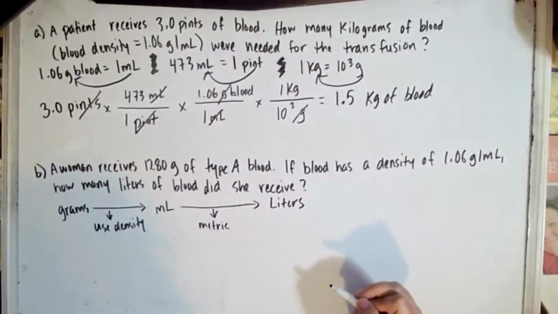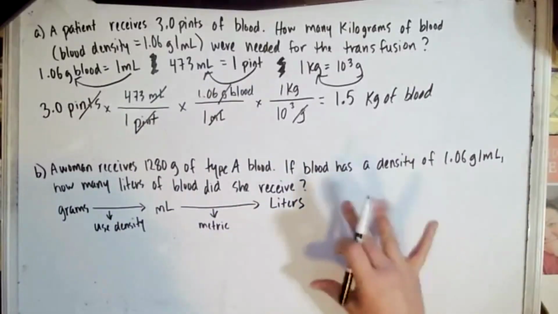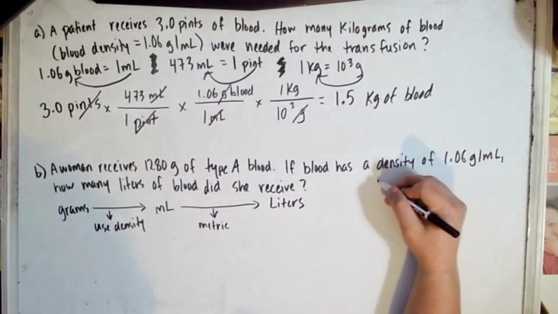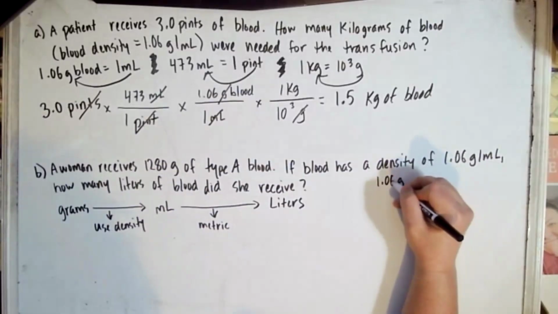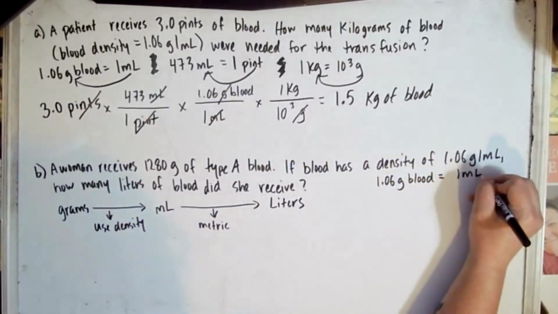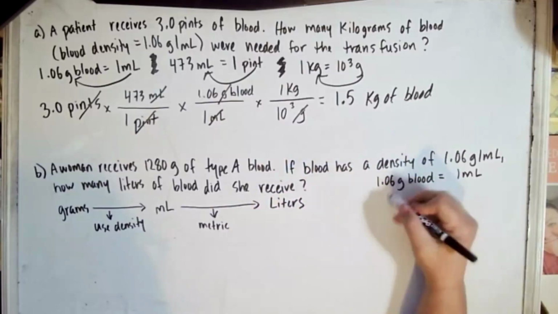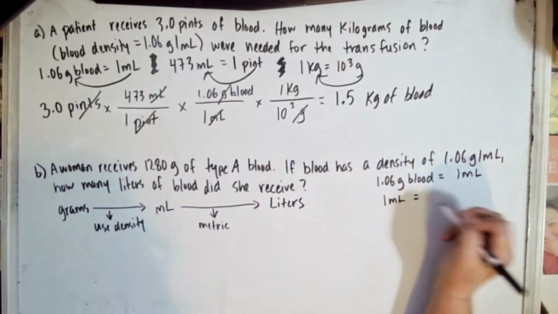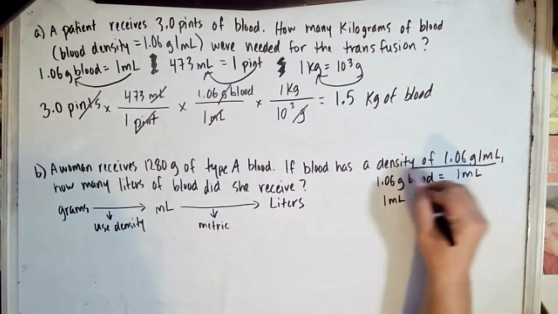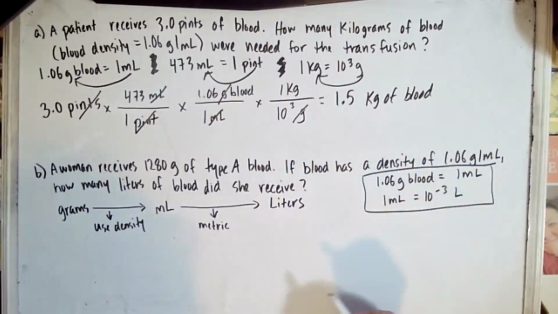Okay, and the equalities that we get from this example, first one is 1.06 grams of blood. No, we're rewriting this a lot, is 1 milliliter. And then to do our metric conversion, every 1 milliliter is going to be 10 to the negative 3 liters. So these are our 2 equalities that we're going to need to build our conversion factors.